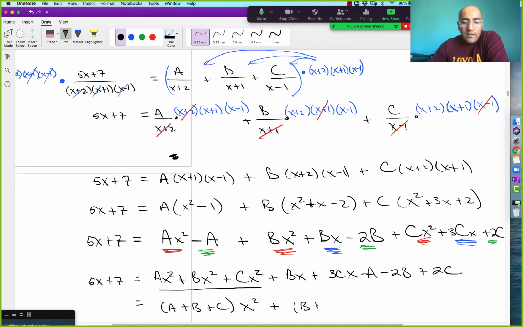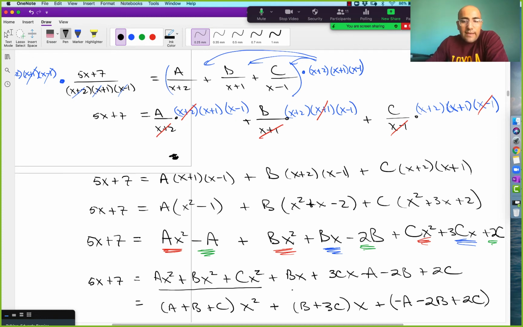I'll end up with (b plus 3c) x, and then the rest of it. And I'm going to group them up in the following way. Plus, and then I'll put minus a minus 2b plus 2c, like that.